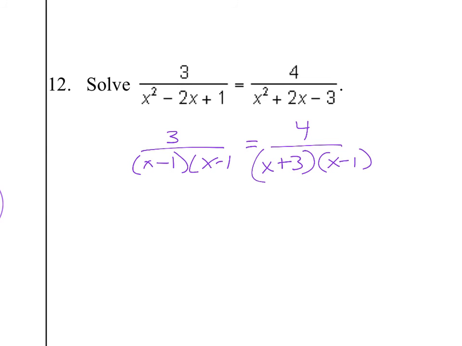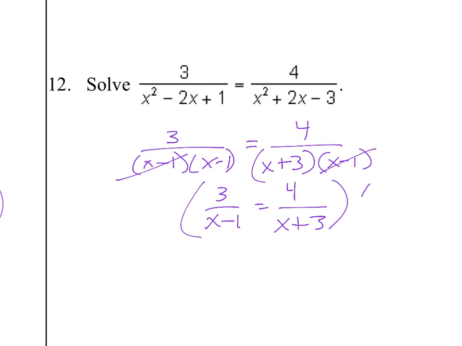If I multiply both sides by x minus 1, this is going to go away. Now I have 3 over x minus 1 equals 4 over x plus 3. I'm going to multiply through by x minus 1 times x plus 3.